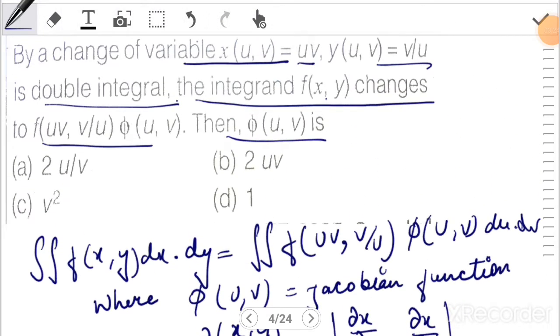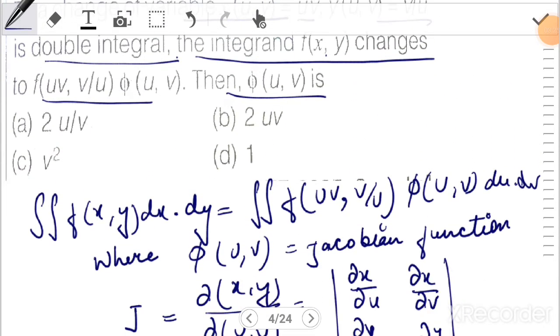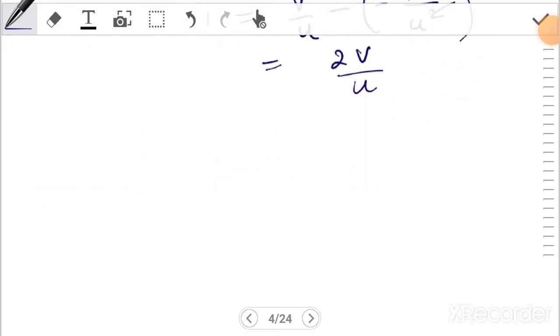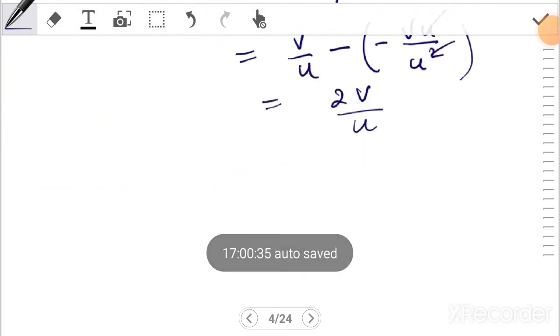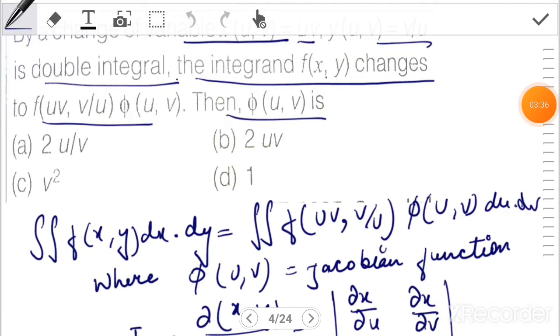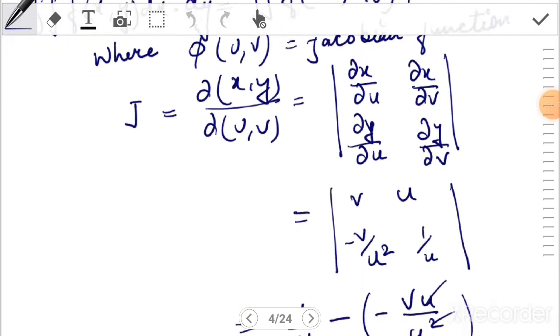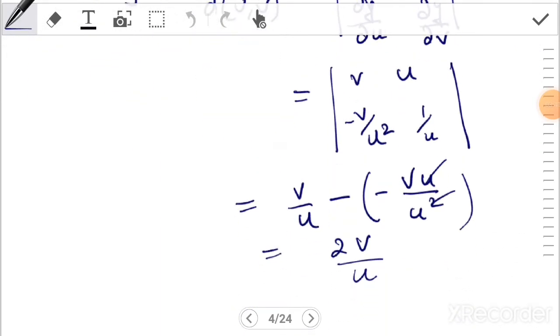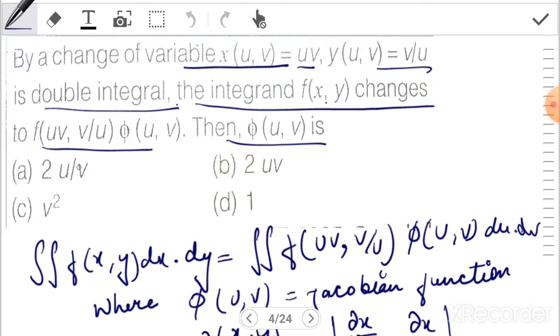Here the answer is given as 2u by v. Okay, there must be some printing mistake. The answer is 2v by u only. Okay, 2v by u. Right?